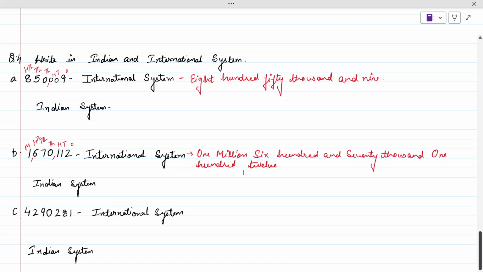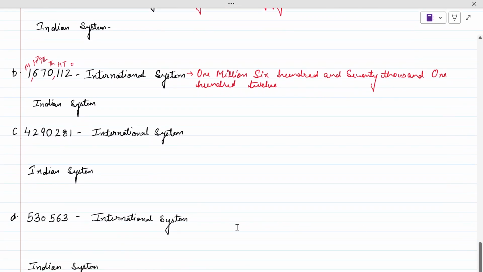Next is this one, this number. So commas after 3 digits, again after 3 digits. And let us write down ones, tens, 100, 1000, 10,000, 100,000 and millions. So what number will this become? This will be 4,290,281.